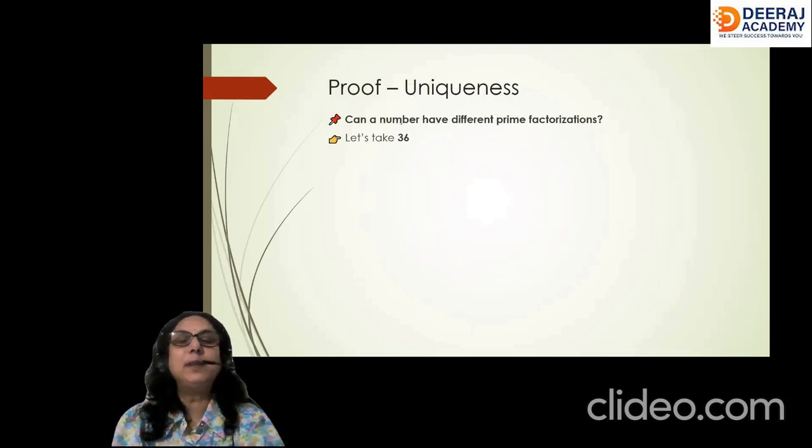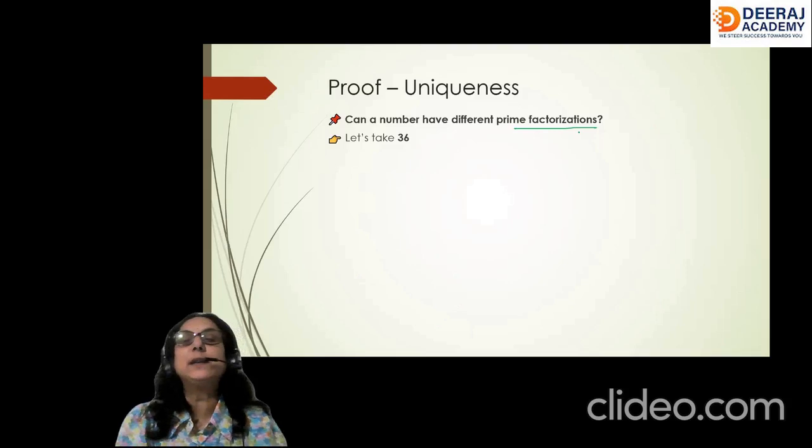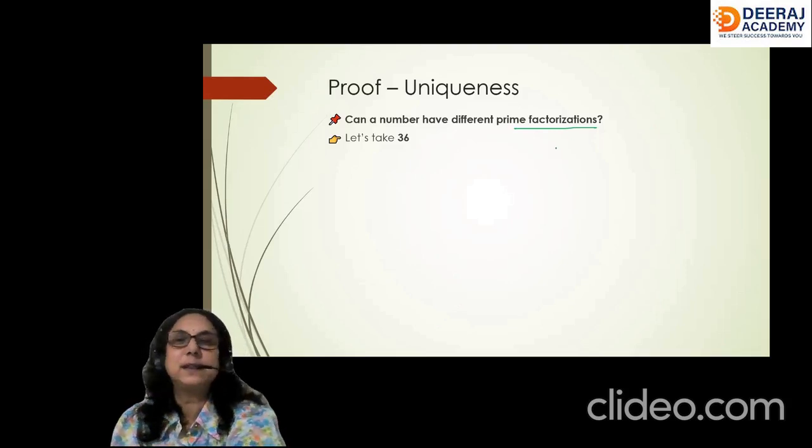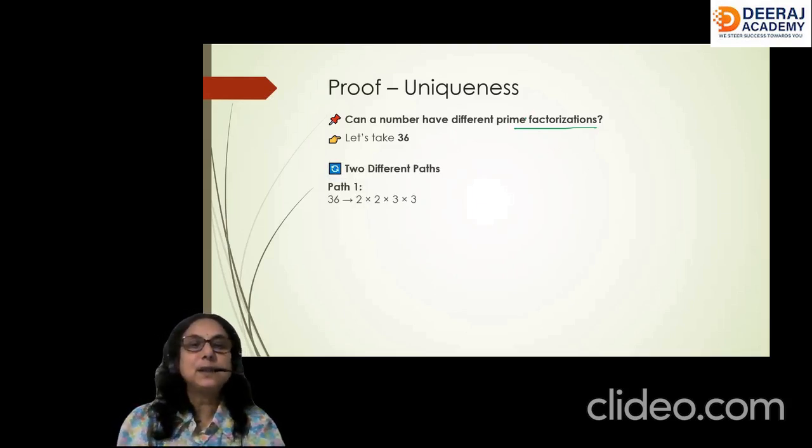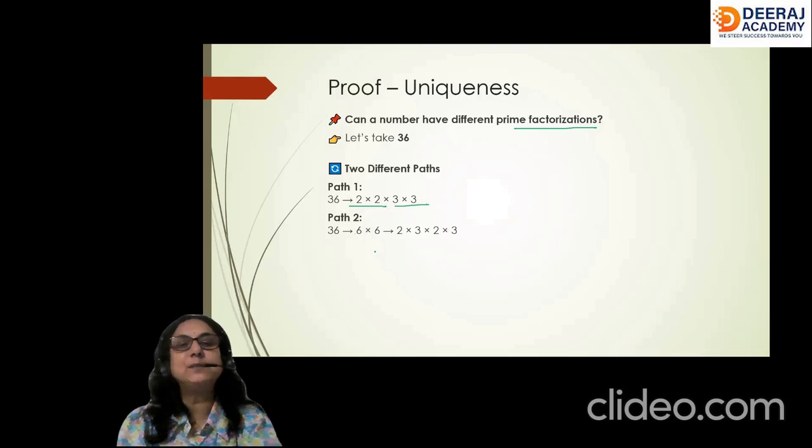Now, can a number have a different prime factorization? Let's check with 36. There are two different paths. One is to directly use prime numbers, which gives 2 times 2 times 3 times 3. The second path is 6 times 6.